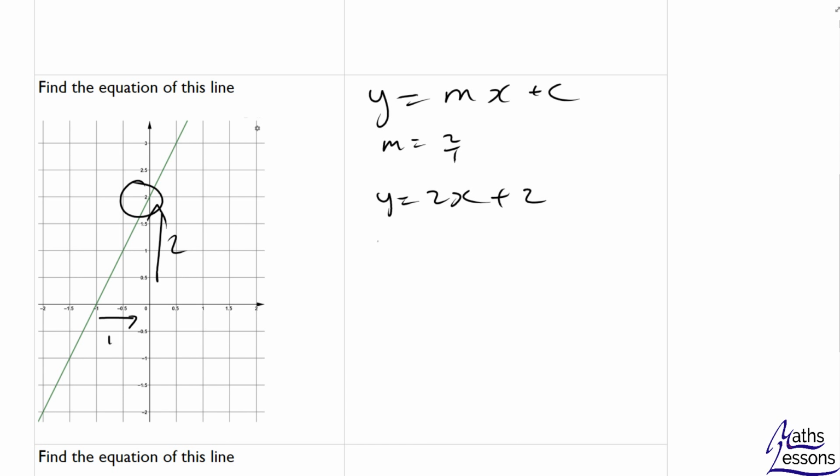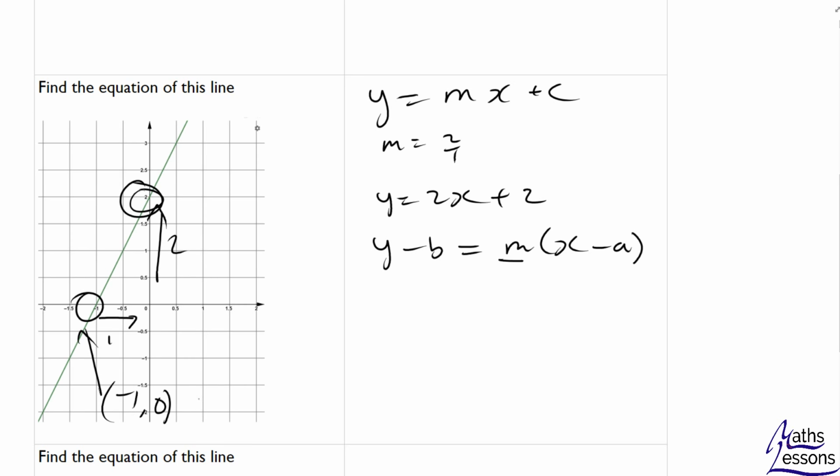Let's also test our version of the formula y minus b equals m times x minus a. So therefore we've got the same m value. We can just choose any point on the line. It doesn't have to be this point. Let's just choose another point. Right, wrong way around. So the point minus 1, 0.